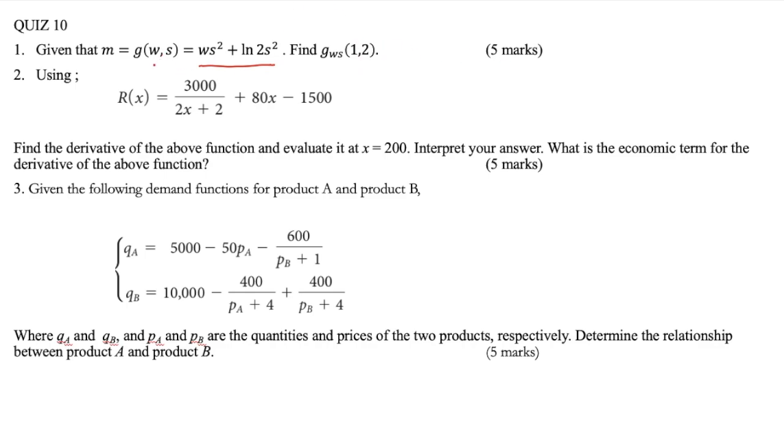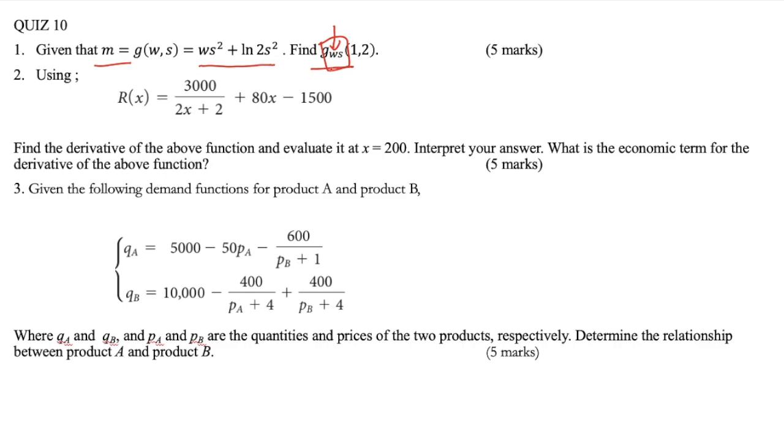Okay, now if you see here, first you need to understand the question. The question is asking you to find the derivative. And what kind of derivative? It is mixed partial derivative. How do we know? Because from here, you can see clearly, first you need to find the derivative of this function m with respect to w.